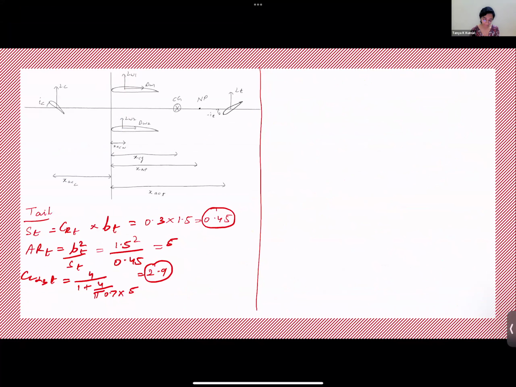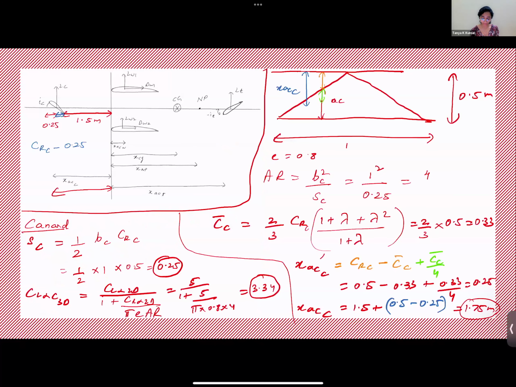Next, we need to find out XAC tail. It is a rectangular wing, so it's just C bar by 4, right? This distance is just C tail by 4. What is C bar?